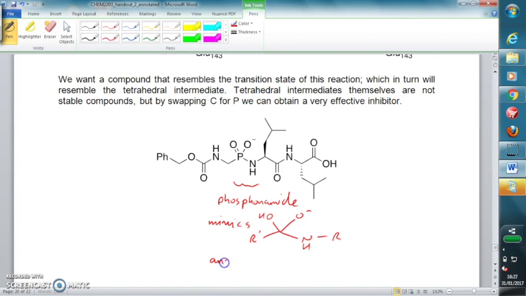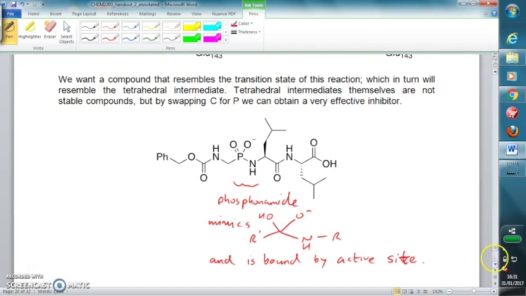And because the enzyme has evolved to bind that transition state well, this inhibitor is bound strongly as well. So it's bound by the active site. Okay, so this is a competitive inhibitor of thermolysin.